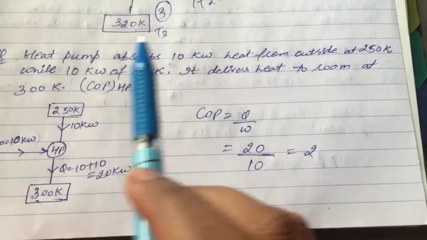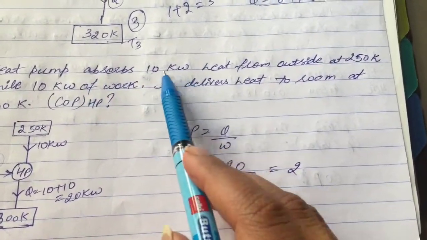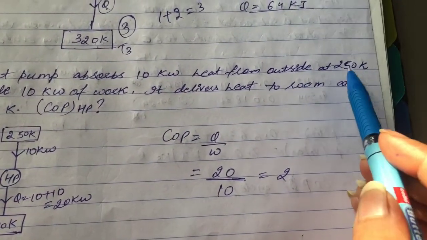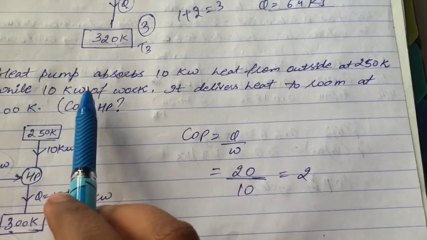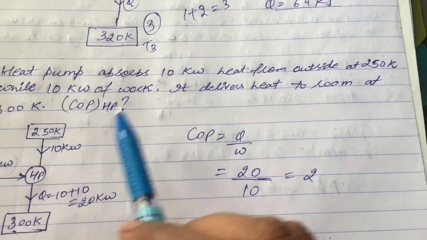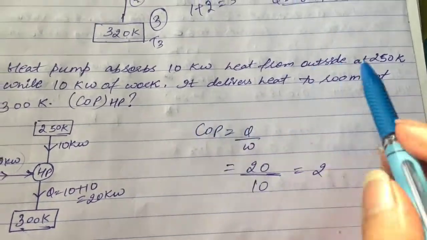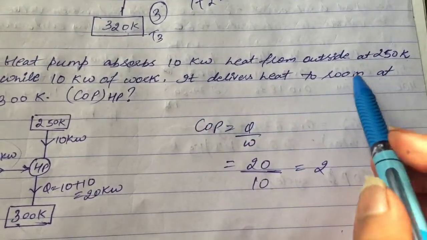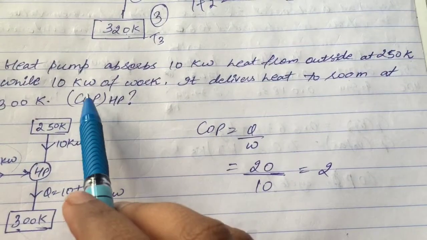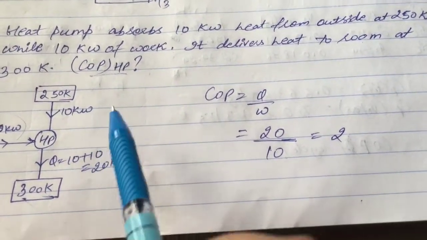Next question is, heat pump absorbs 40 kilowatt heat from outside at 250 Kelvin, while 10 kilojoule of work is supplied to it. It delivers heat to room at 300 Kelvin. So we have to find COP of heat pump.